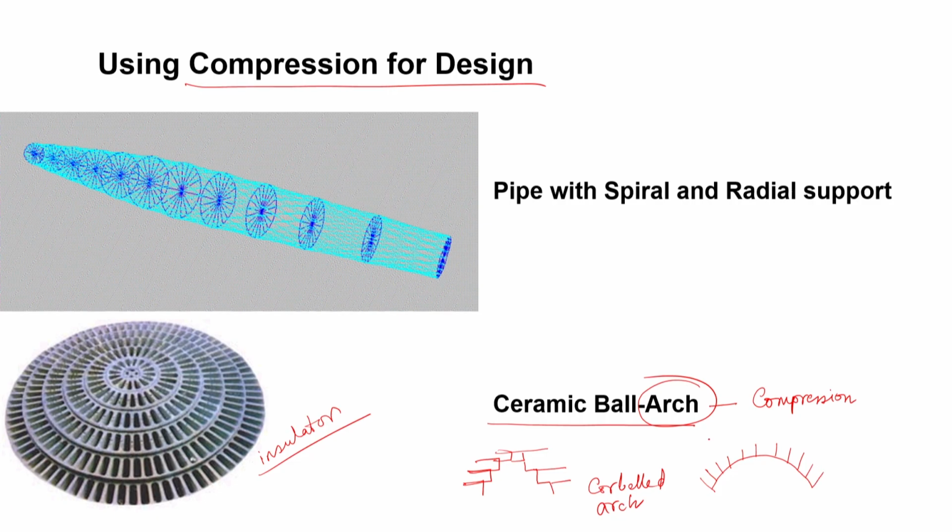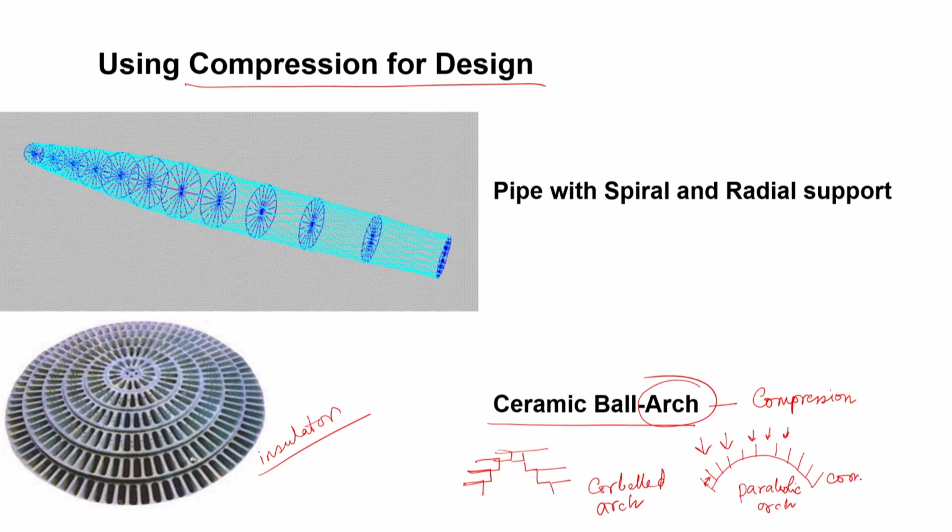Particularly if it is a parabolic arch, one can show that for a parabolic arch under distributed load, whatever load is coming on the system, the forces are always compressive in nature. So, the entire system is compressive.